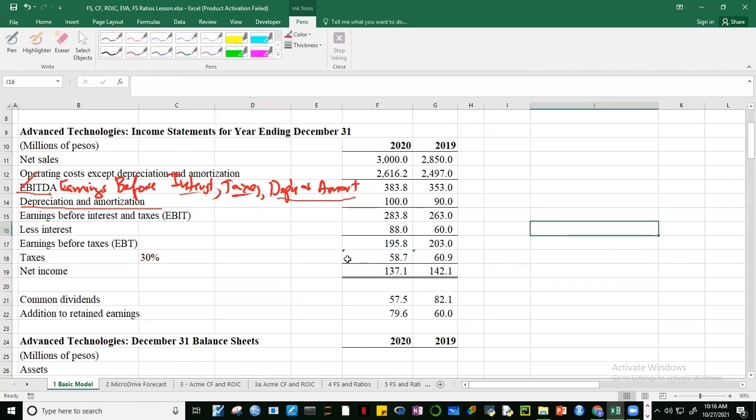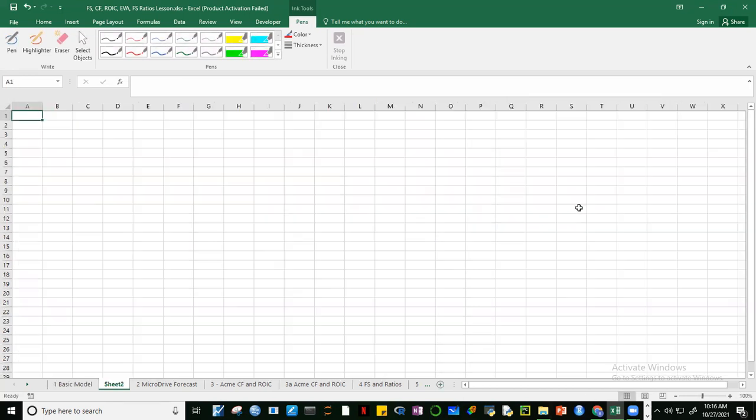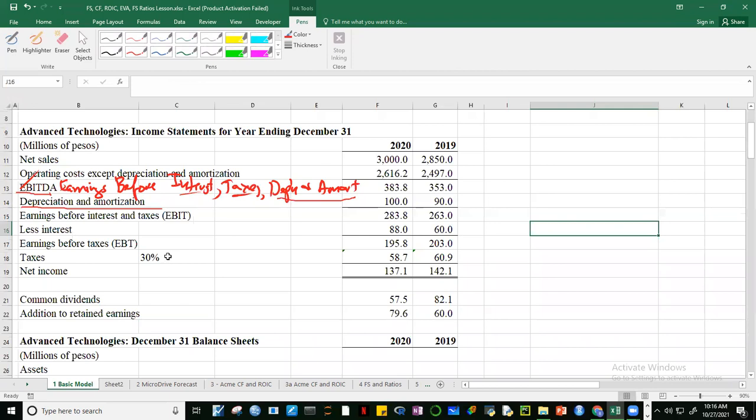The advantage of using names, guys, for specific cells is that if you're in any other cell, for example, and I want to use the tax rate, you can just type equals T, and then you can access that anywhere. Double click, and that gives you the 30%. So that name is reserved for that specific cell, that 30%.